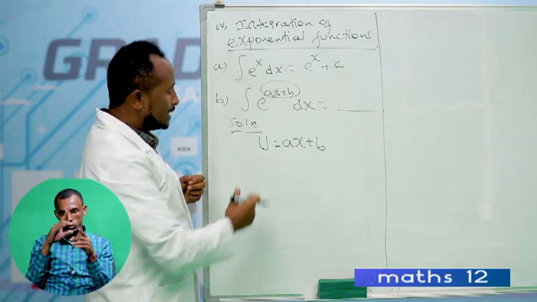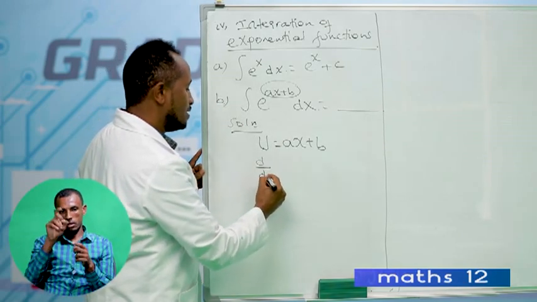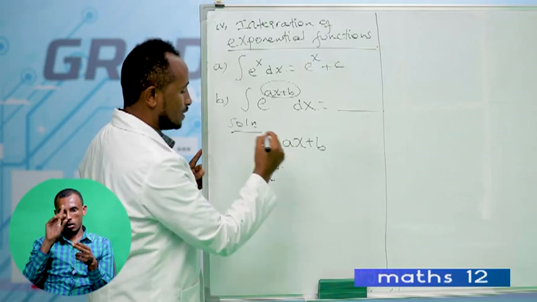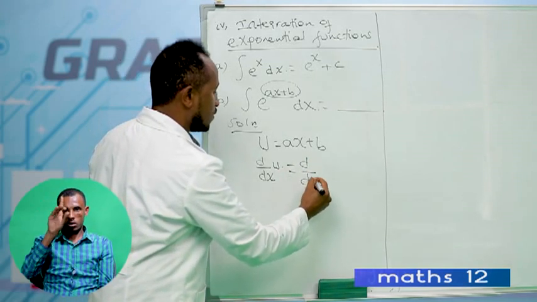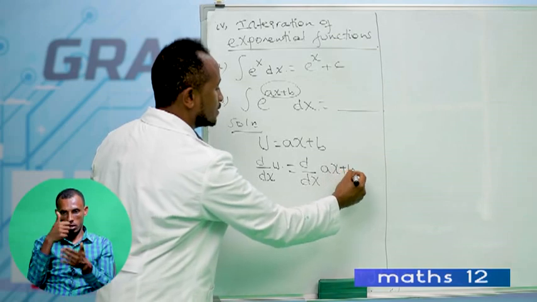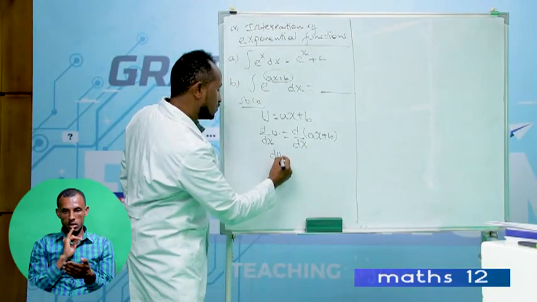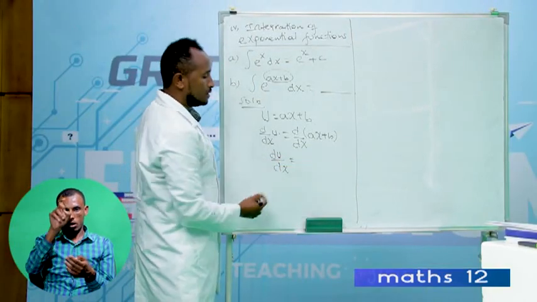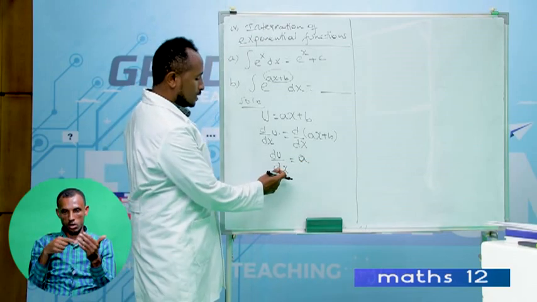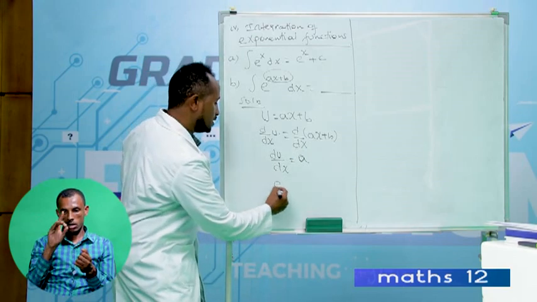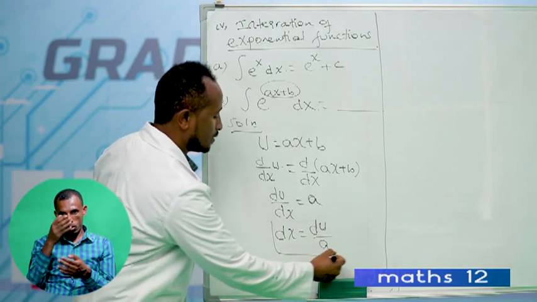To do that, let's differentiate with respect to x. d by dx of u equals d by dx of ax plus b. So this is du by dx, and this, as we said earlier, is a. Therefore, I can solve for dx: dx becomes du over a.